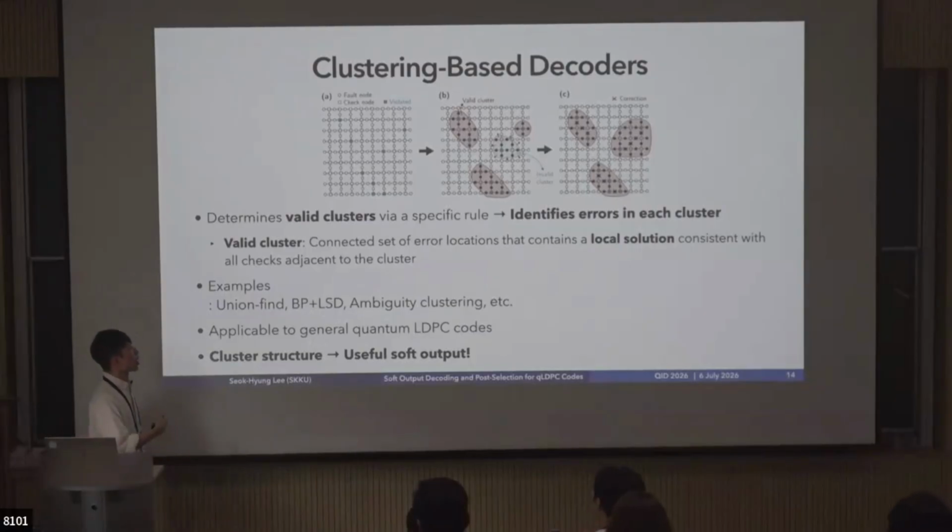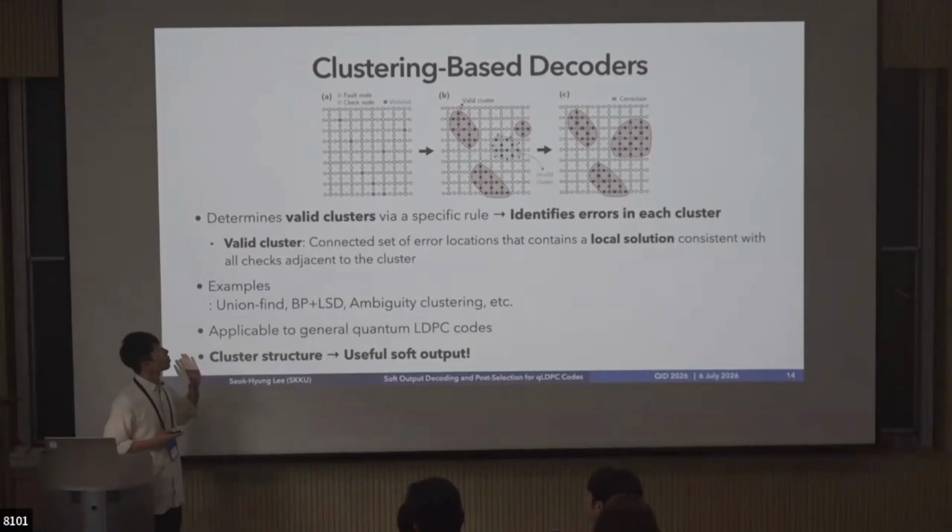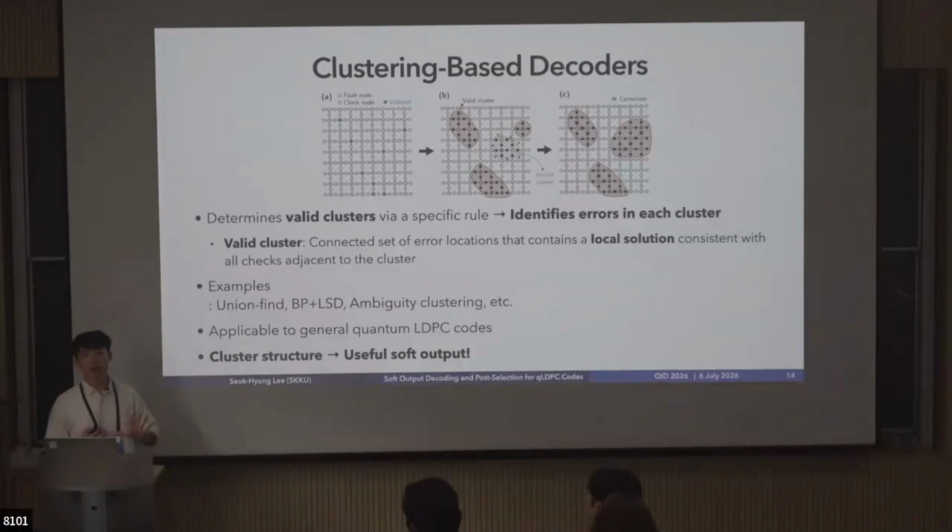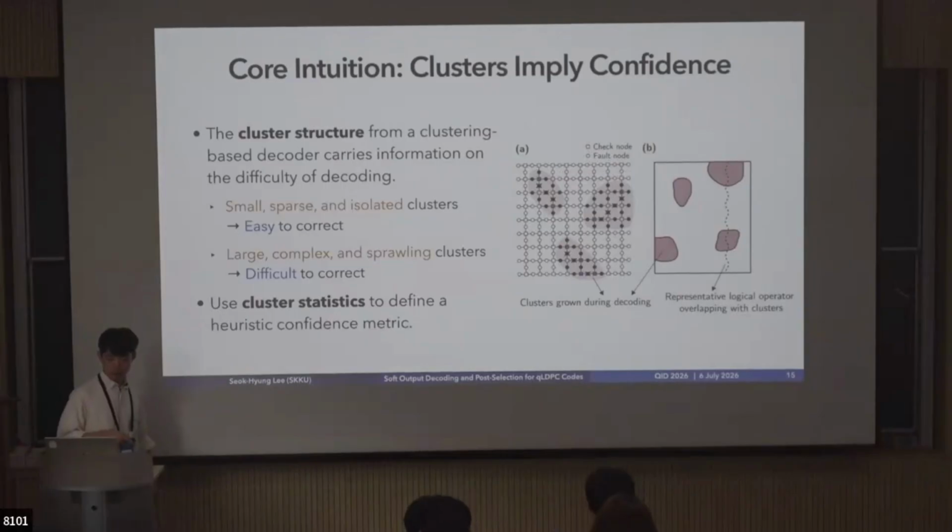Another intuition was that these clustering-based decoders give information on cluster statistics besides the final correction. So we thought that these cluster structures could be very useful soft outputs that can be used for post-selection.